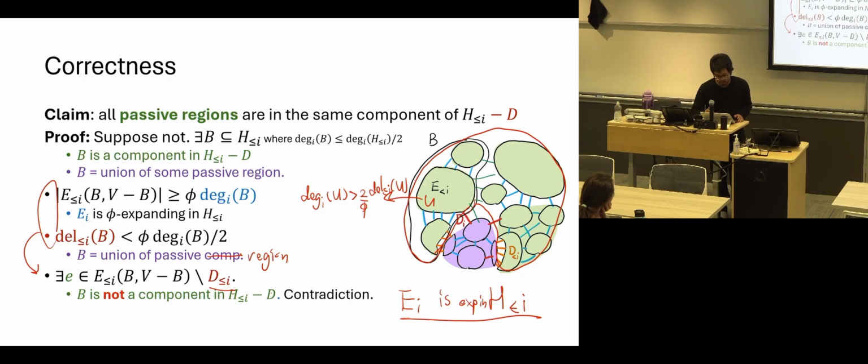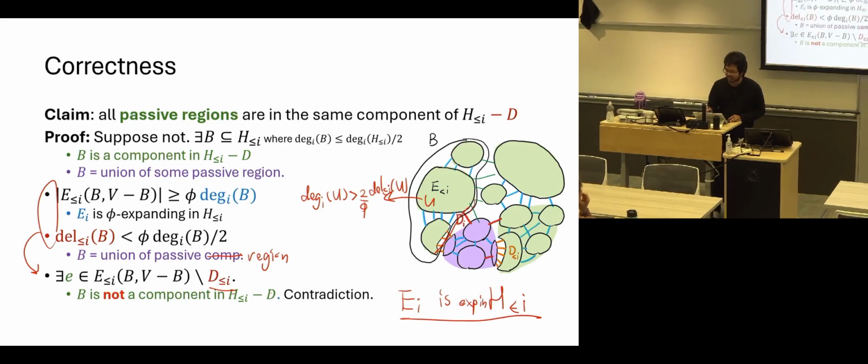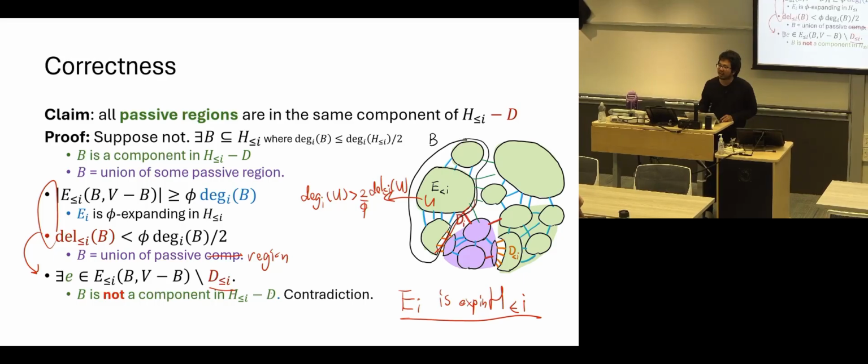Then we don't prove anything, because we want to prove that we suppose that the passive regions are not connected. And I just said that B is a component that shows that the passive regions are not connected. Where do we use this fact? Do we use it somewhere?